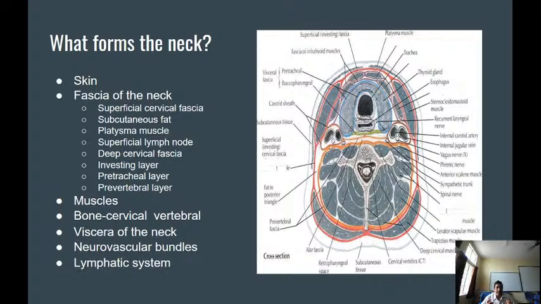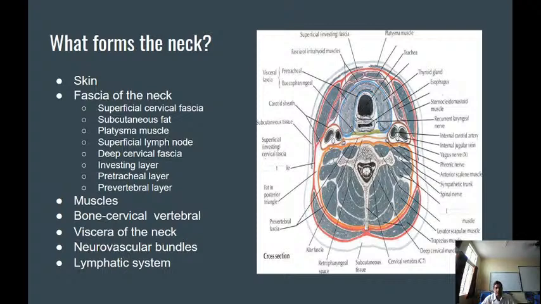Then you have the muscles, the various muscles which are anterior and posterior group of muscles, and you have the vertebral column, the cervical vertebrae, and then you have the neuromuscular bundles, that is the nerves which come from the intracranium, and also the blood vessels, the arteries which go from the heart to the brain and to various parts of the neck.